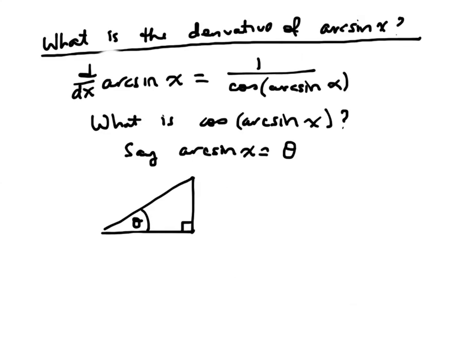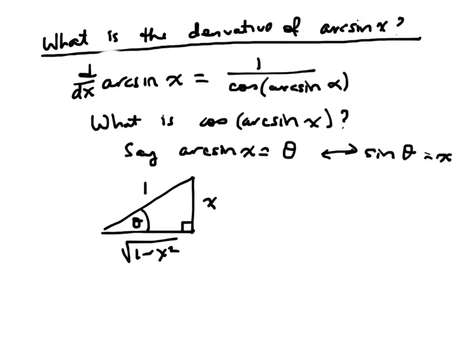Saying that arcsine of x is equal to theta is the same as, or is the inverse statement for, sine theta equals x. So these are equivalent since arcsine and sine are inverse functions. So sine of this angle is supposed to be x, so we can make this side of the triangle x and the hypotenuse 1. And then we find this third side using the Pythagorean theorem, and we get that it's the square root of 1 minus x squared.